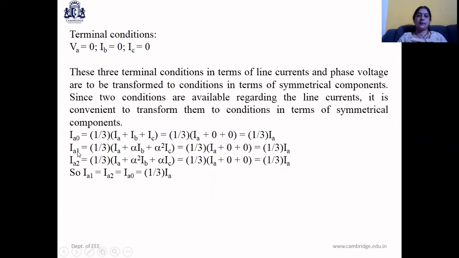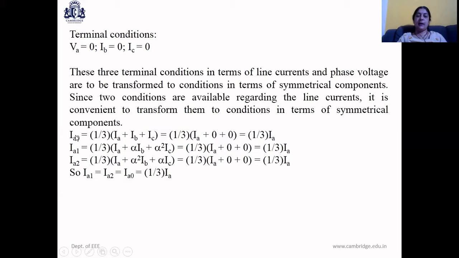Similarly, the positive sequence current IA1 is 1 by 3 times of IA plus alpha IB plus alpha square IC, which is 1 by 3 times of IA, as IB and IC are 0. Therefore, it comes out to be 1 by 3 times of IA. Similarly, IA2 will also be equal to 1 by 3 times of IA.